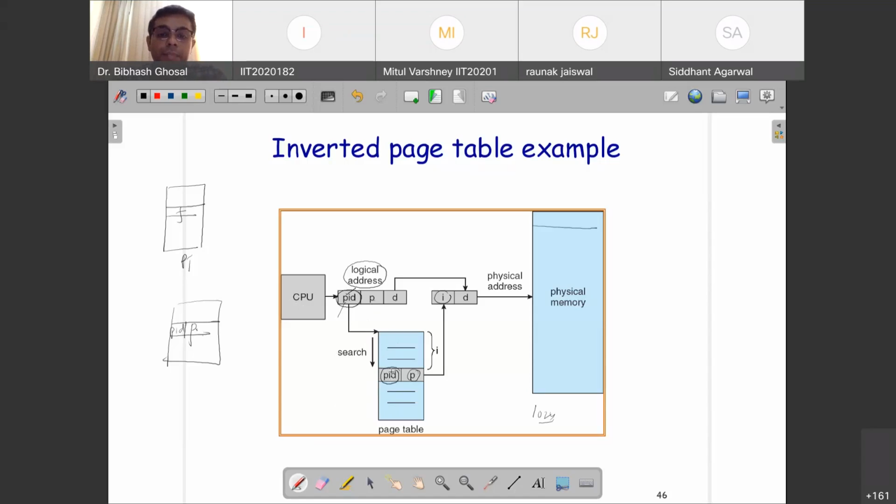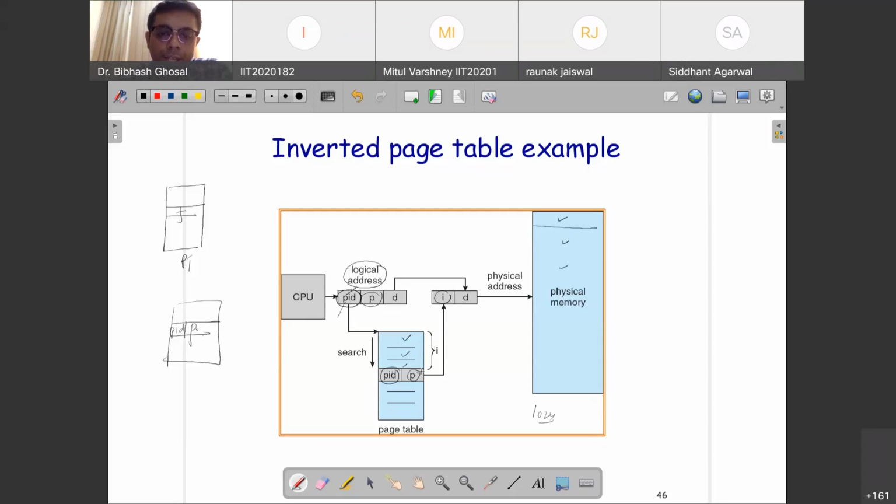Once the PIDs get matched, then I will read the value of P. But the value of P will be the same as this. Because I have just mapped a frame to this particular table, there is no mapping as such that I require. All I require is the offset. Why? Because the first frame is put in the first entry of this. The second one is here. The third one is here.